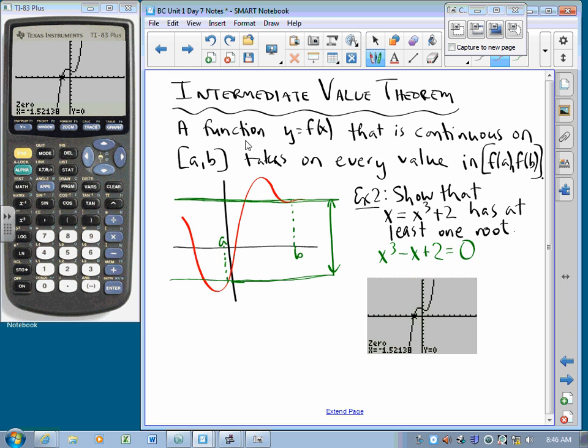Here's what happens. You find some place where the function is negative, and then you find some place where the function is positive. Your calculator assumes that anything you're graphing is continuous. So if you give the calculator one place where the function is negative and one place where it is positive, the intermediate value theorem says that function has to take on every possible y value between the first y value and the second, which means it has to take on 0, because 0 is in between the negative number and the positive number.